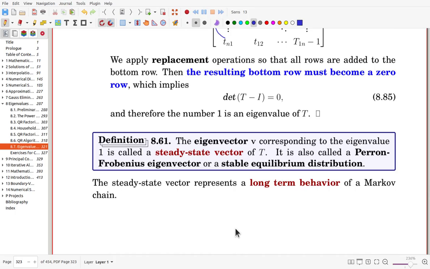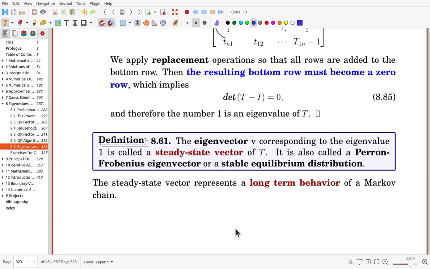The eigenvector corresponding to the eigenvalue 1 is called a steady-state vector of the stochastic matrix. It is also called a Perron-Frobenius eigenvector or a stable equilibrium distribution.